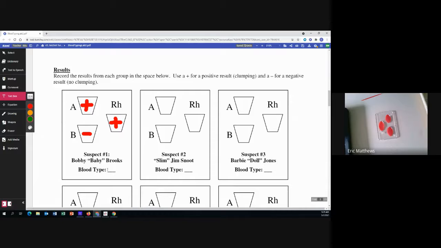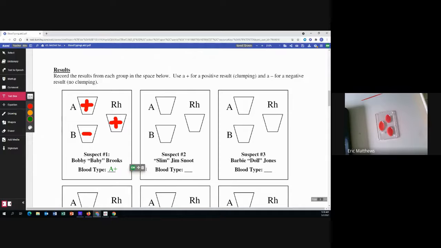Now that means his blood type will be A positive, because he responded to type A and the RH, which is your plus or your minus.